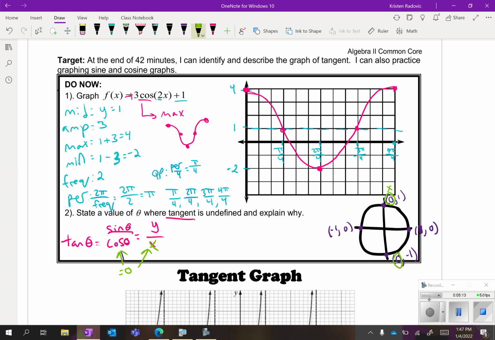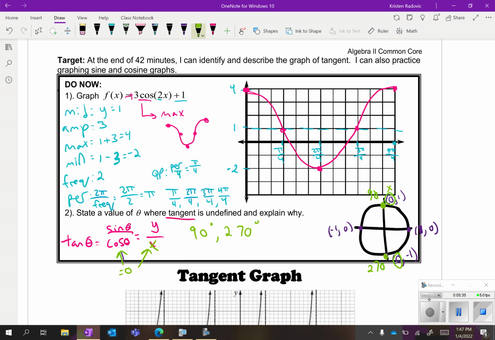So what angle measure makes x 0? The angle measure of the coordinate up top is 90 degrees. The angle measure of the coordinate on the bottom is 270 degrees. So 90 degrees and 270 degrees make tangent undefined.